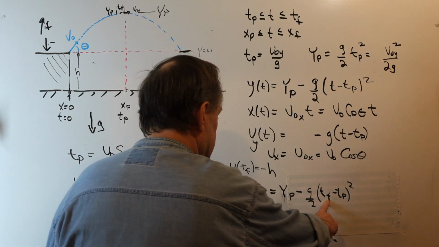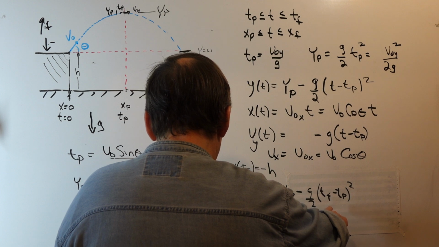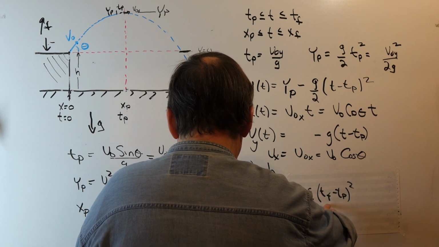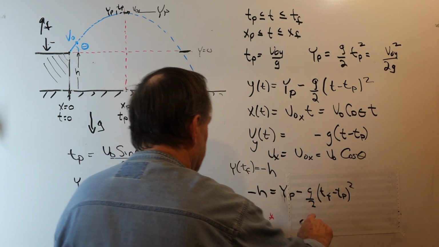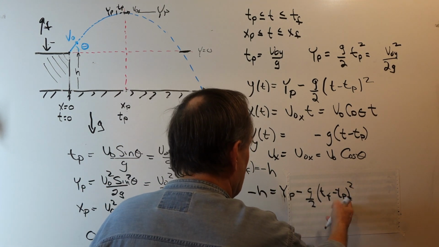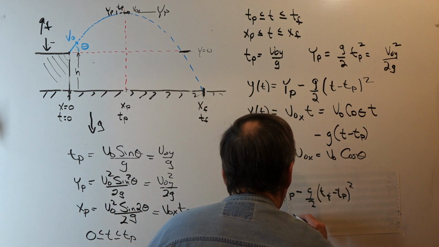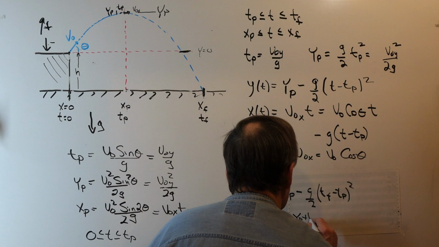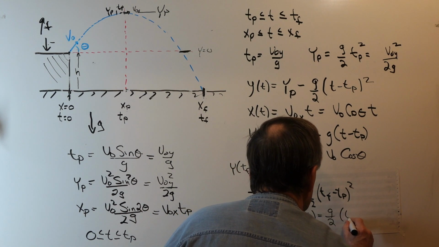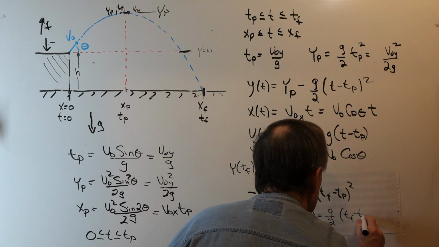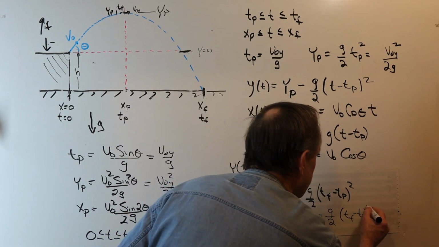Well, this is quadratic, and let's just go ahead and put this together. So we can move this to the left side and this to the right side. So we have y peak plus h is going to equal g over 2 times t final minus t peak squared.